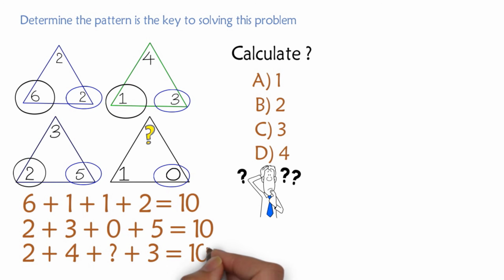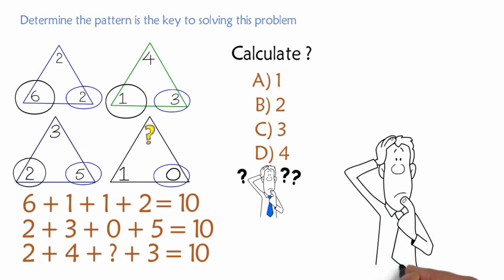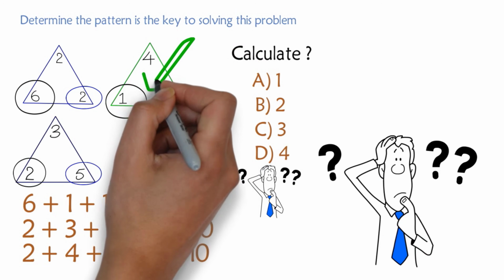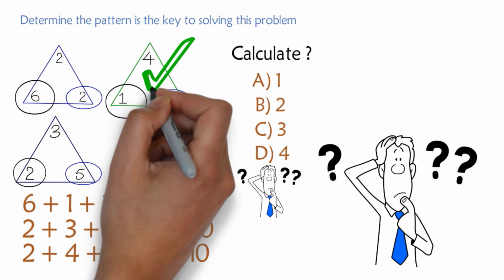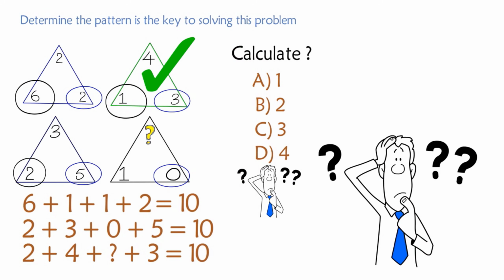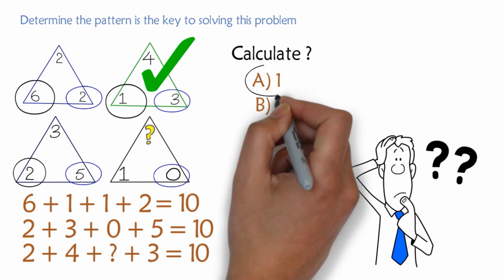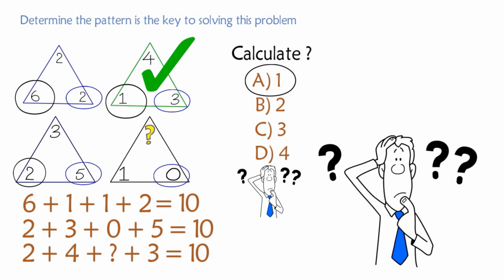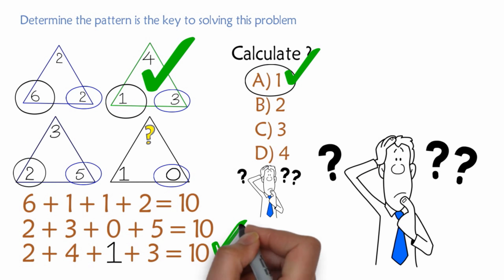As you can see, triangles are colored to confuse you. So you're only concentrated on the numbers inside of each triangle, but you're not looking across multiple triangles. The correct answer to this problem is choice A, 1, because this is the math of getting to 10 with the missing number. Hopefully you've nailed this question and now know how to answer similar problems on the test.